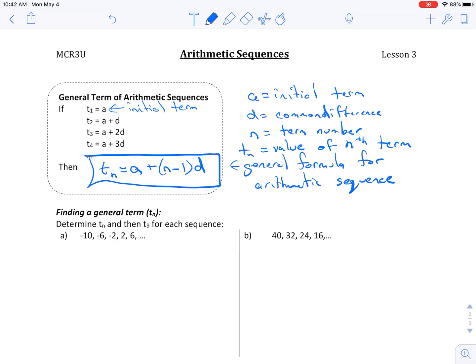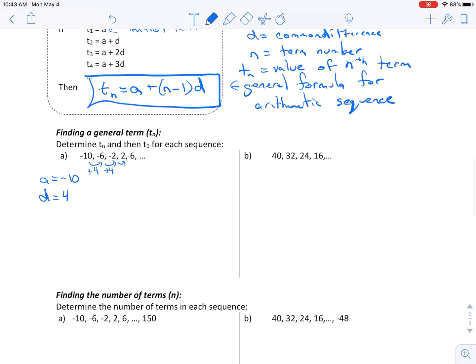So if I look here, it says determine t sub n, which is the general formula, and then the ninth term for each sequence. So in this sequence, we have to write down and think about what we know. So my first term, a, is just minus 10. What is my common difference as I'm going through? So this is pretty easy to see that it's plus 4.